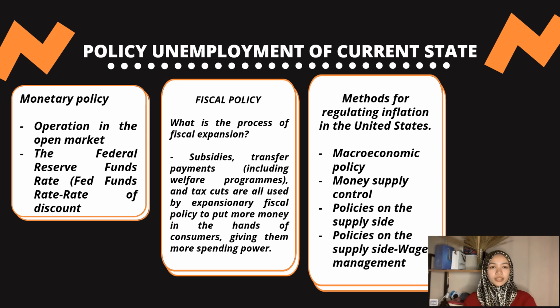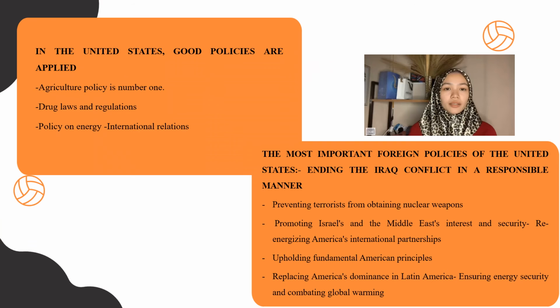A higher tax rate on income would reduce consumer spending, demand, and inflationary pressure. Fifth is wage management. In theory, seeking to limit salaries might help to reduce inflationary pressure. There are a few other important policies in the United States.